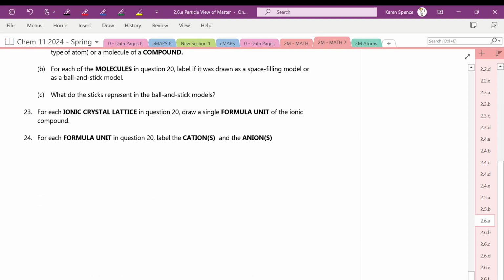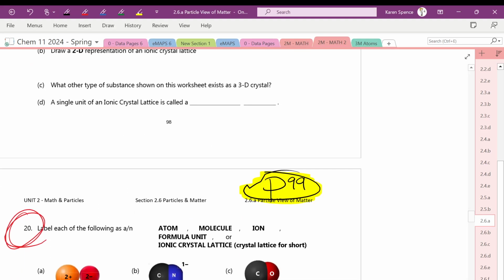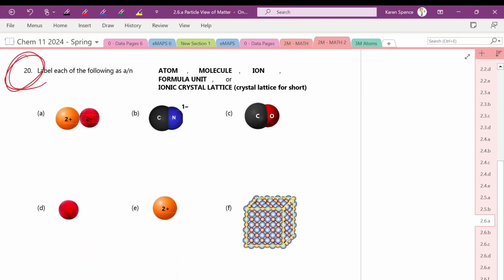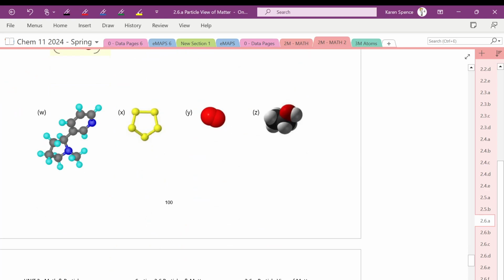Okay, we're good. So these are good test questions, and that's on page 99 to 100.